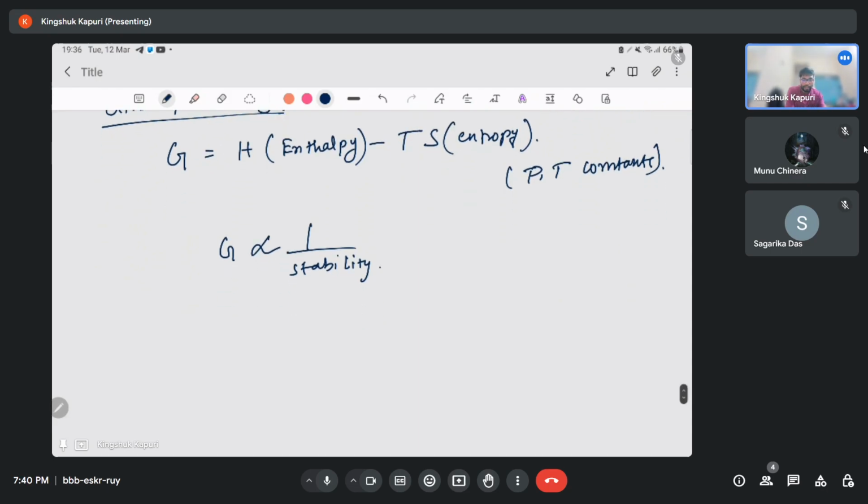Let's say you are pressing a soft ball, so you are applying a certain amount of pressure to that ball. The surface of the ball will go downward in response to your pressure, but after a certain period of time your hand will not be able to hold the ball in that position.